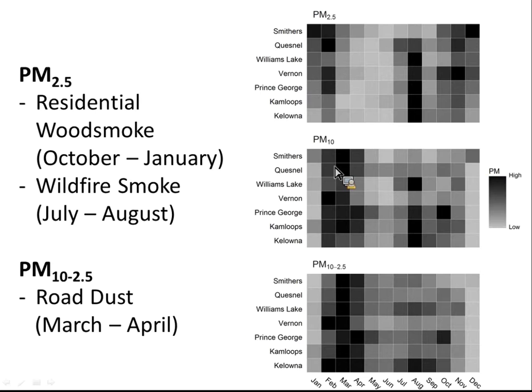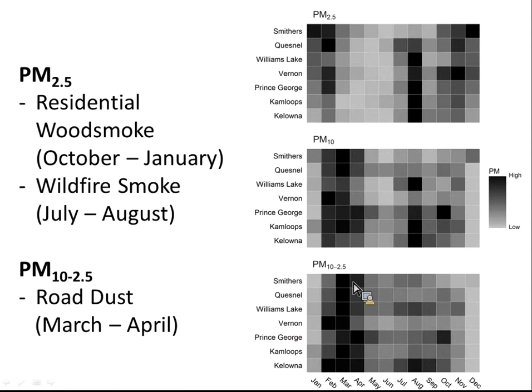When we look at the same thing for PM10, we can see that high PM10 is sort of concentrated in January, March, and April. There's your road dust season, your paved road dust season. And then when we look at the coarse fraction, again, we see it as highest in these 3 months.